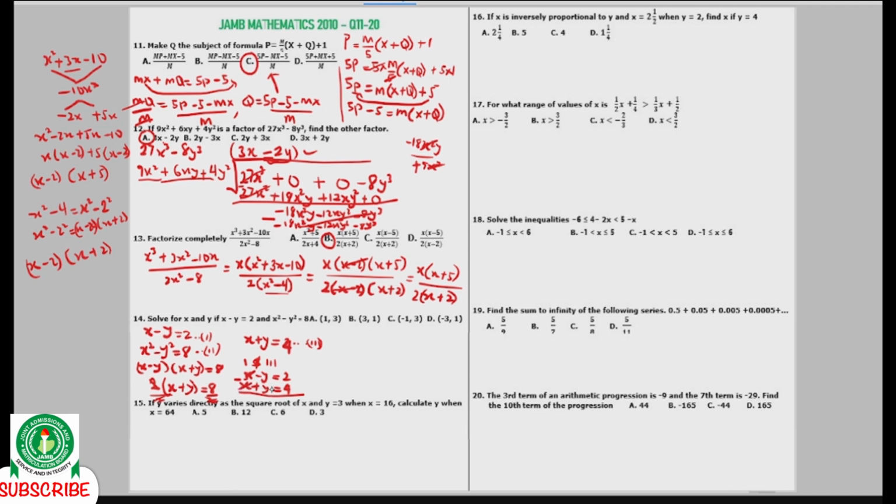Now minus y minus plus y will give you minus 2y. So this one is going to be minus 2y.